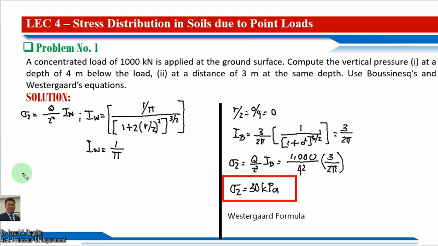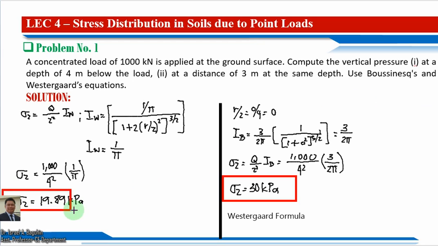So we are going to determine now the vertical stress sigma z, which is equal now to this Q, which is 1000 over z squared, 4 squared, times this quantity 1 over pi. Okay, so our sigma z here is just equal now to 19.89 kilopascal.